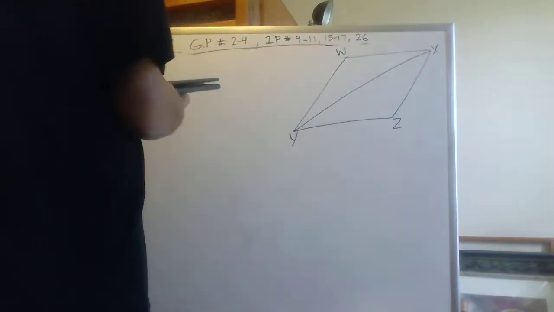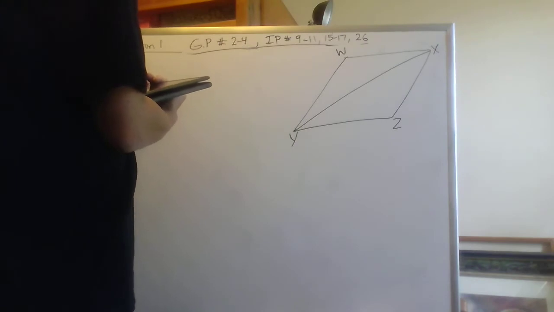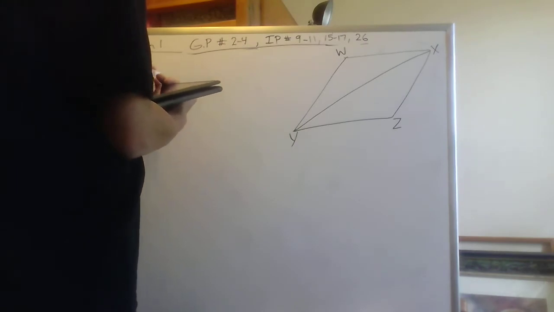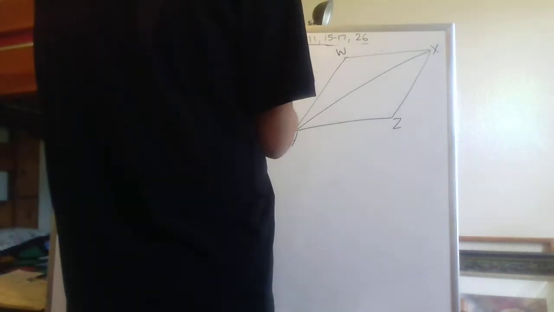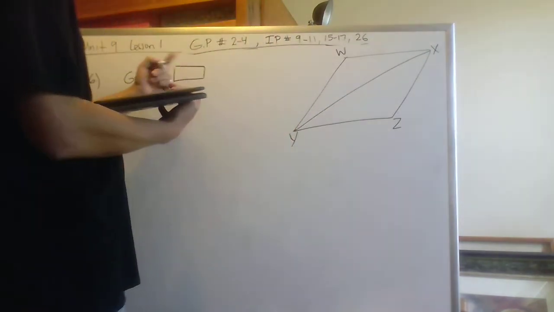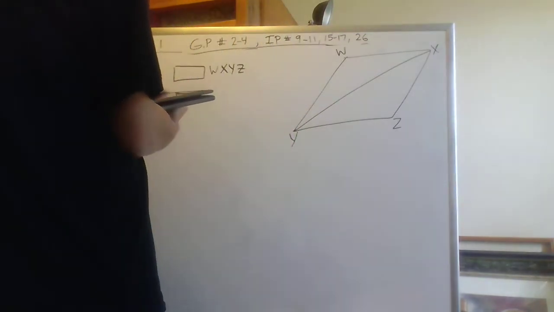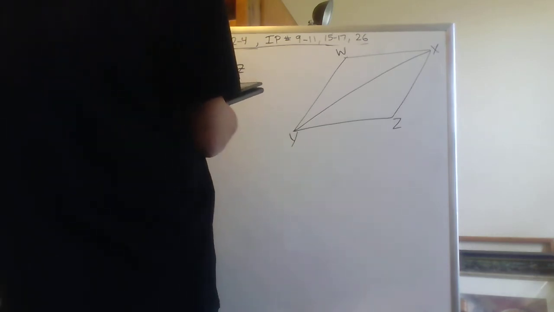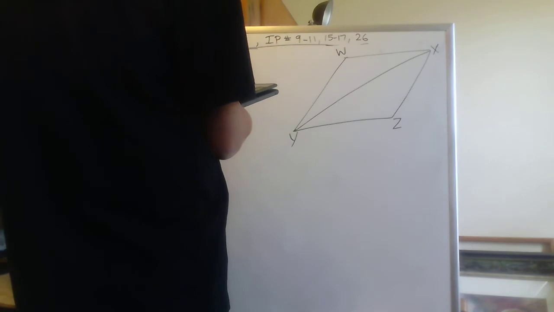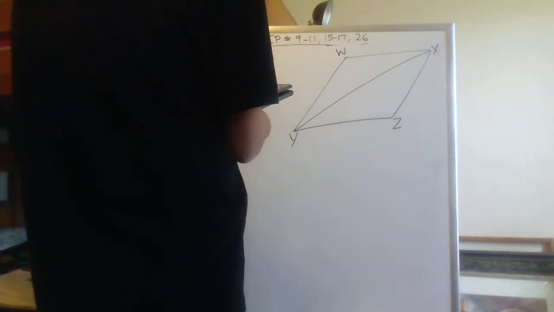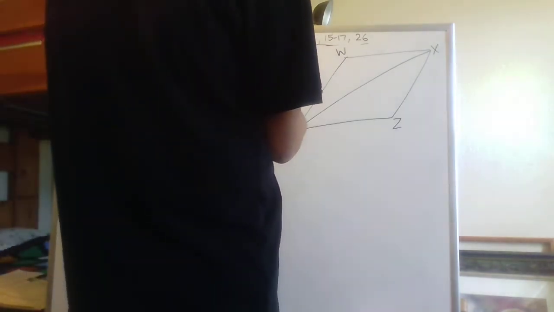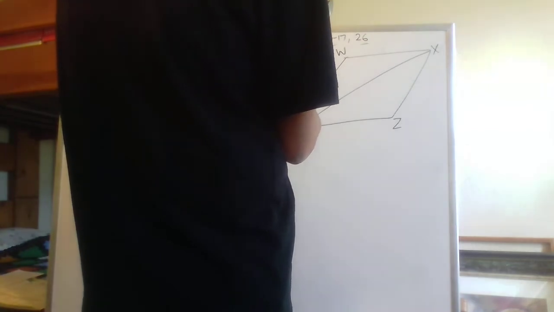And it says, given, they do this quadrilateral symbol, given basically parallelogram WXYZ. It says prove that triangle WXZ is congruent to triangle YZX.